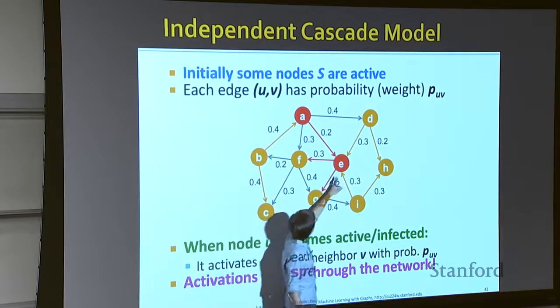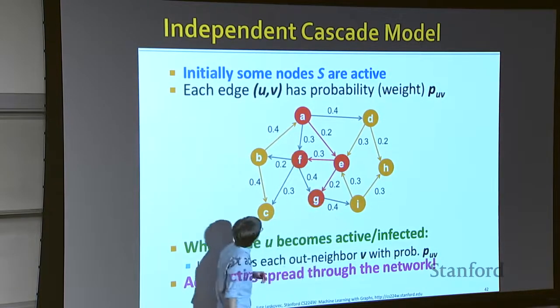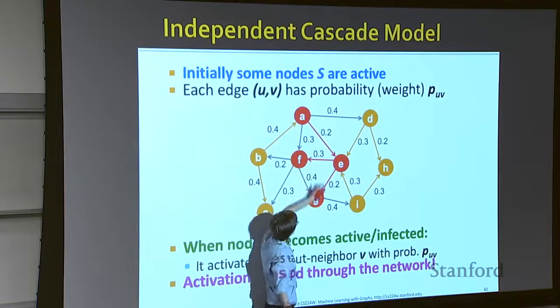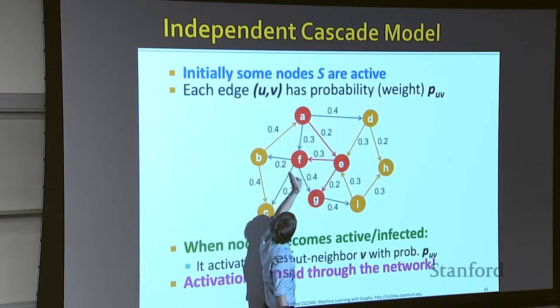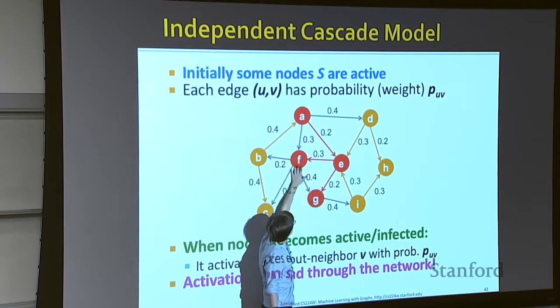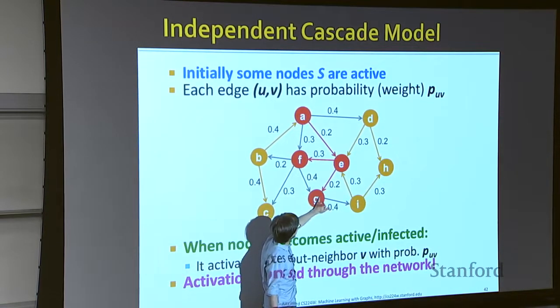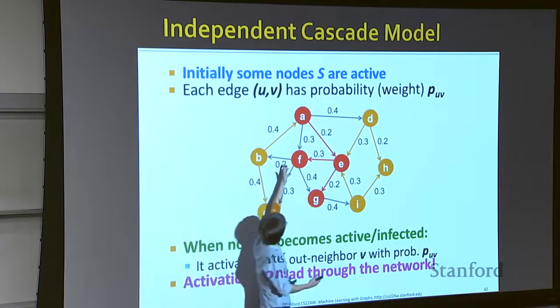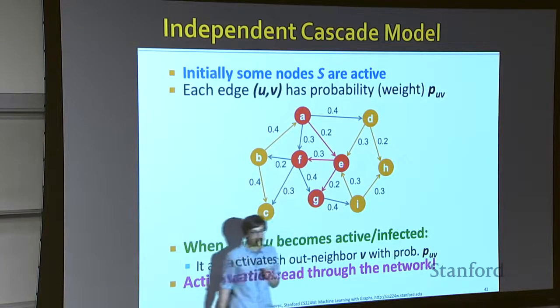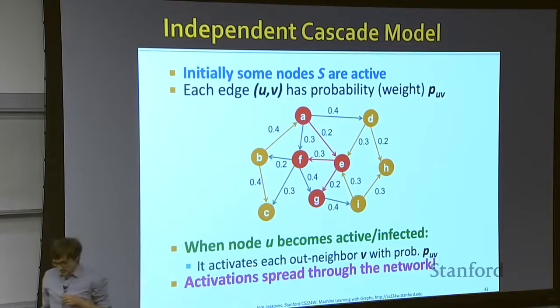The guy gets infected, flips the coins, and now if this coin says yes, the infection spreads here. Now this guy gets to flip 1, 2, 3 coins. We see what happens. This guy gets to flip 1 coin, see what happens, and if the disease stops spreading, this is what we generate, right?